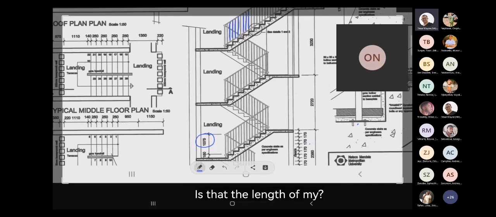Would that be the length of my 10 by 10 angle?